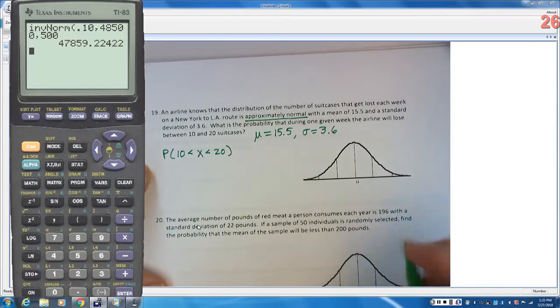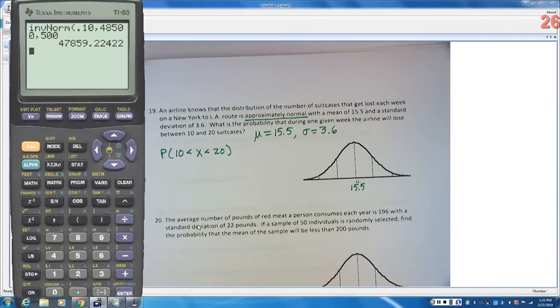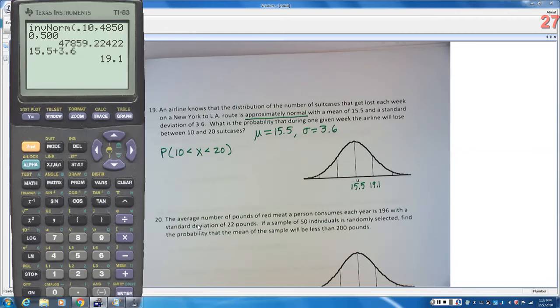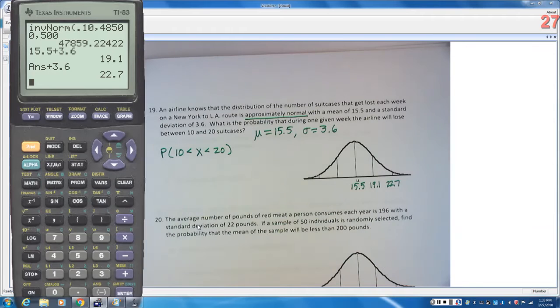We shade and label our curve 15.5, and we add 3.6 going up, 19.1, then 22.7, 26.3.